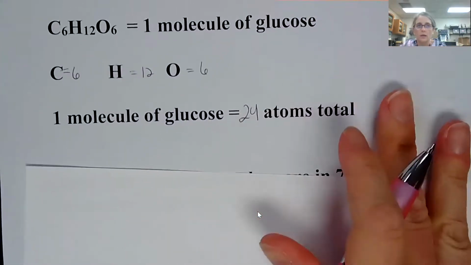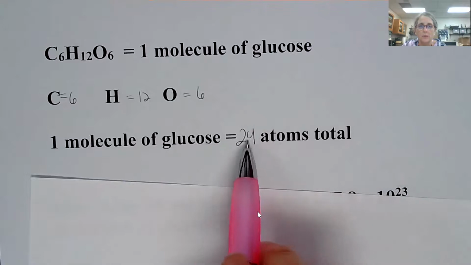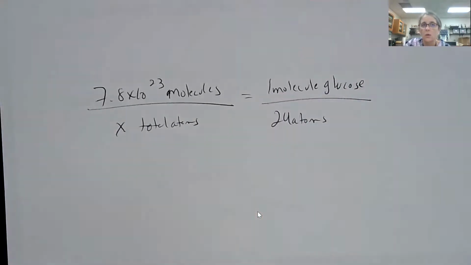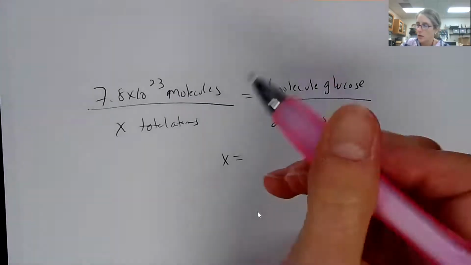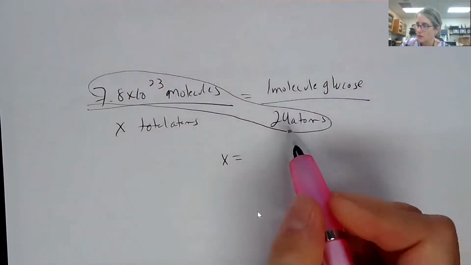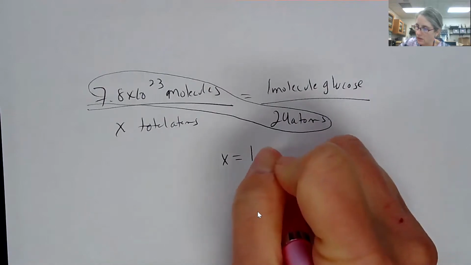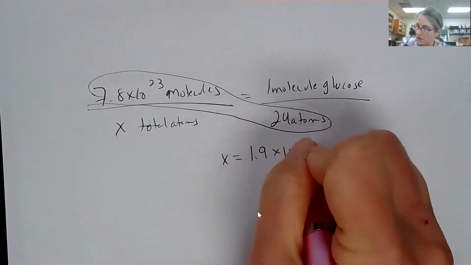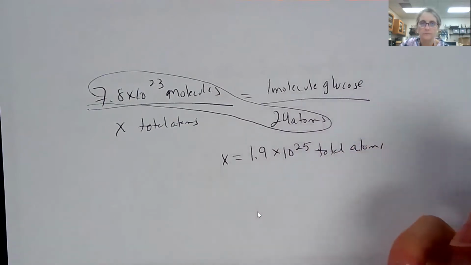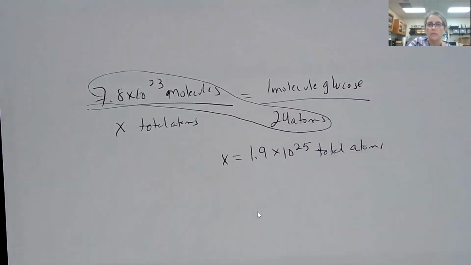Back to breaking it up into multiple pieces, I have a total of 24 atoms. So all I have to do is multiply those. I multiply the total molecules by the total atoms, and I get essentially 1.9 times 10 to the 25th total atoms. So again, this is breaking everything down to its atoms, the smallest thing.